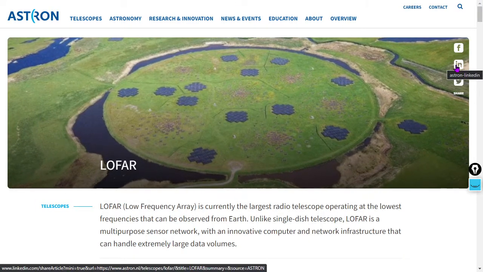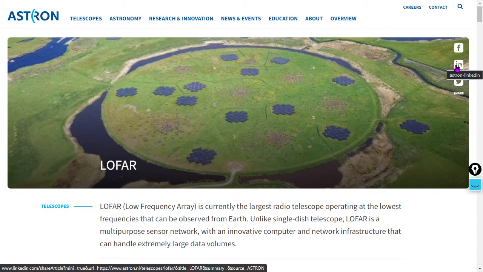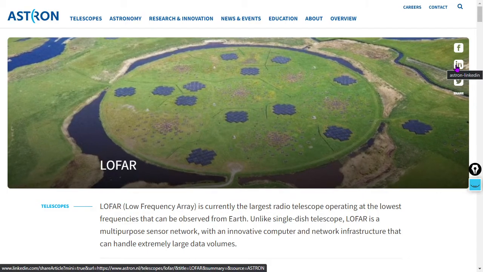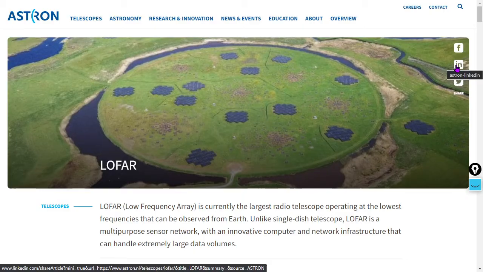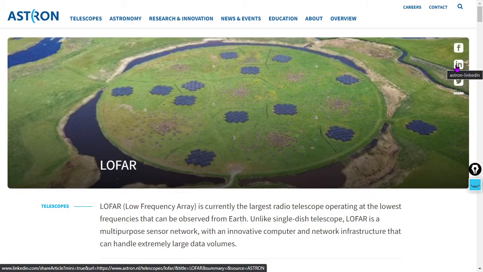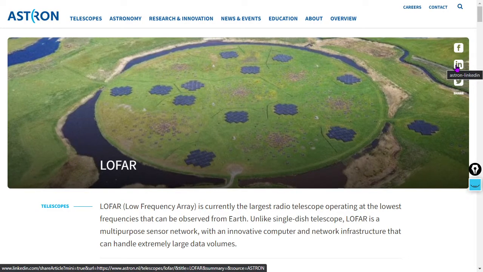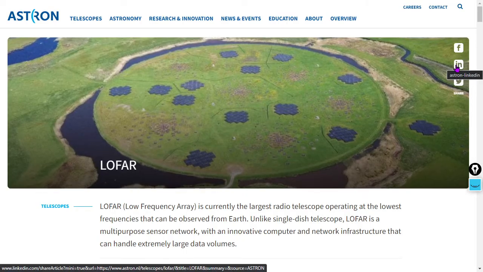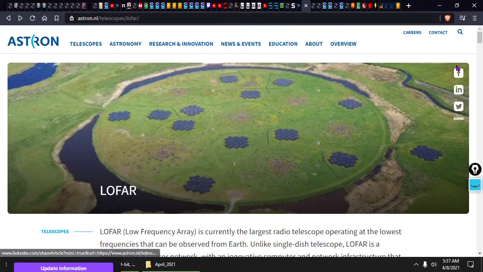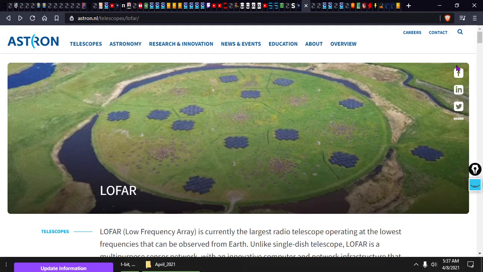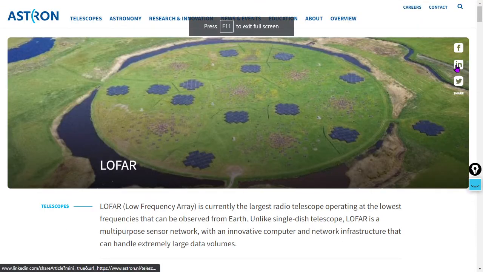It's the low-frequency array, and it's a massive, massive radio telescope connected by a fiber optic network. This one appears to have a partial moat around it. Seems like a good idea. I don't see a drawbridge, though, so it looks like it's still in its construction stages. You can read all about it at astron.nl/telescopes/Lofar.